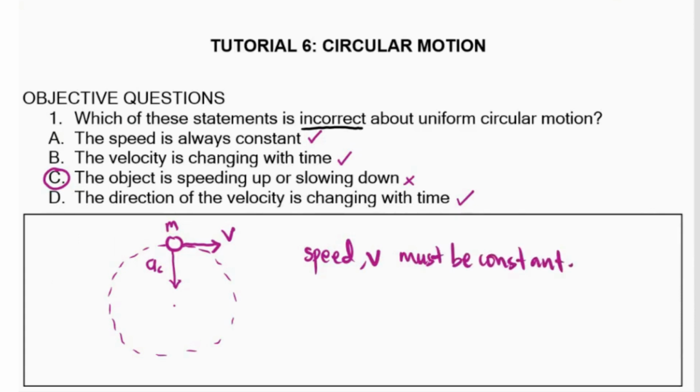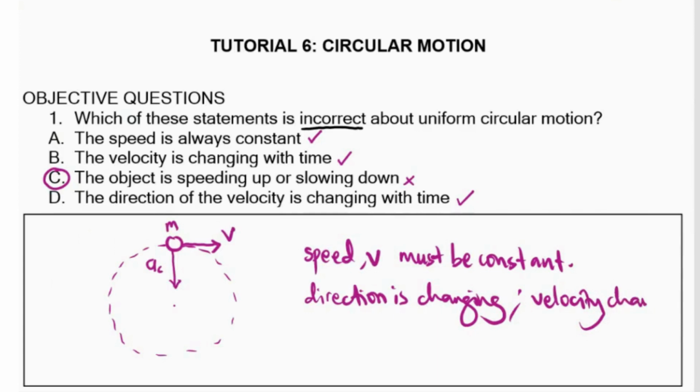Since it moves in a circle, the circle shape is not a straight line, so the direction is changing. Since the direction of v keeps changing, we say that the velocity changes as well.